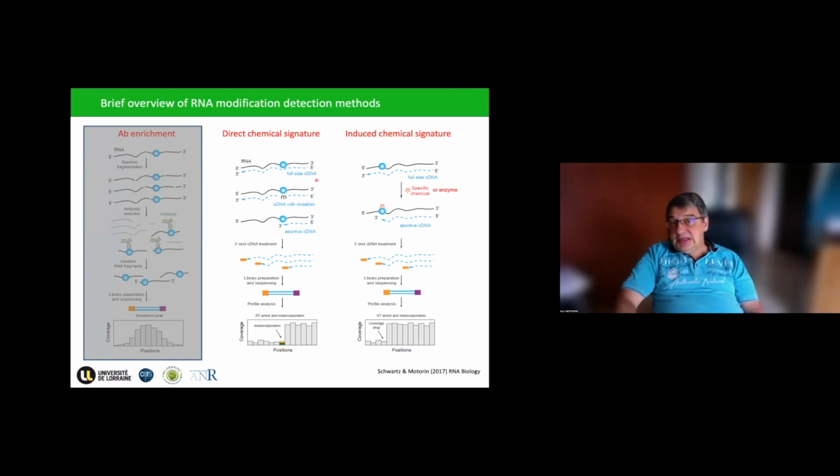But those methods suffer from a lack of controls, because these profiles may be generated by other events in reverse transcription. So usage of specific chemicals or even enzymes, like we also saw yesterday, can help in distinguishing real RNA modifications from something else. They are based on specific chemical treatment, which introduces a bulky residue arresting reverse transcription at a given point, which can also be detected.